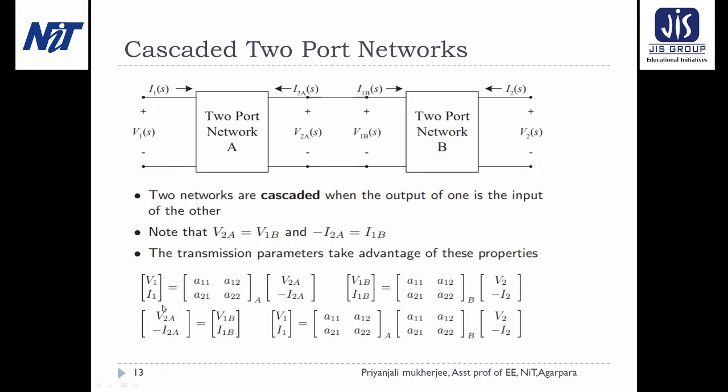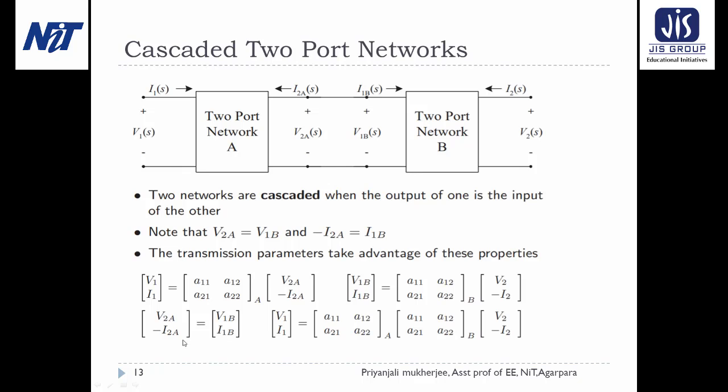So here I am using the general formula A11, A12, A21 and A22 and V2, minus I2A, because this is the form of the ABCD parameters. And for the second one, it can be written as V1B, I1B equal to A11, A12, A21, A22 of B into V2, minus I2.